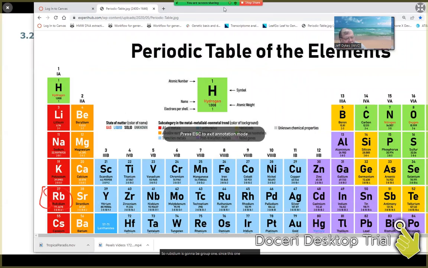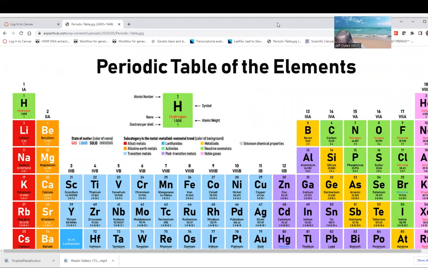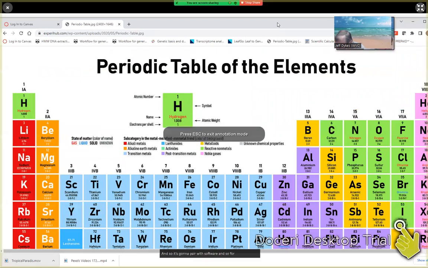And it's going to pair with sulfur, and sulfur is over here. It's going to be group 6A.